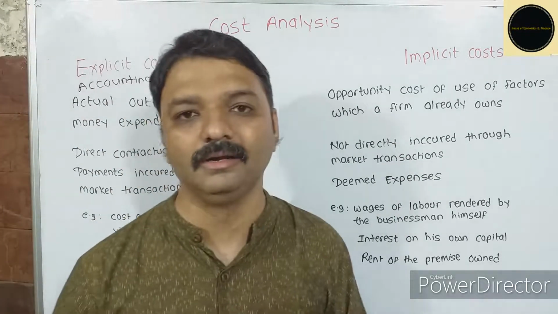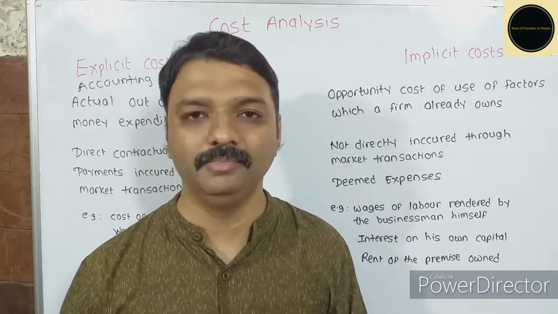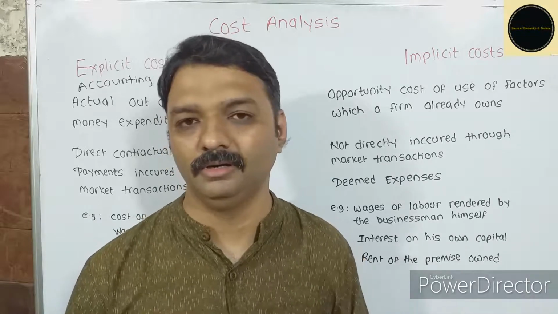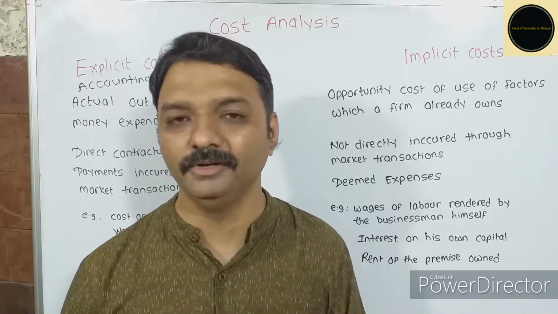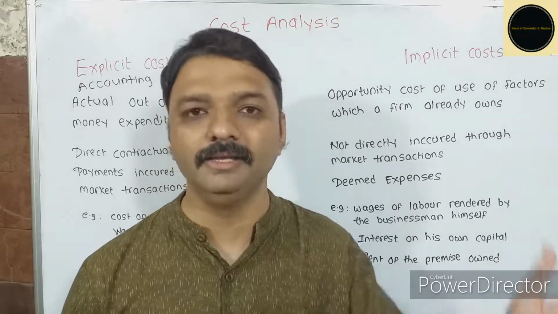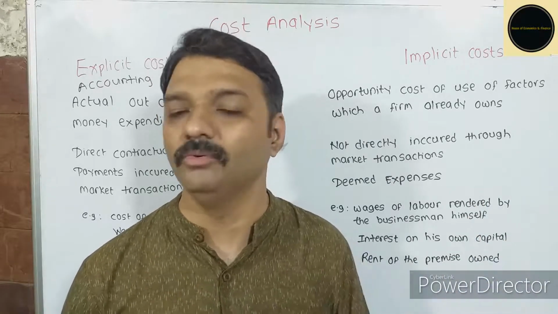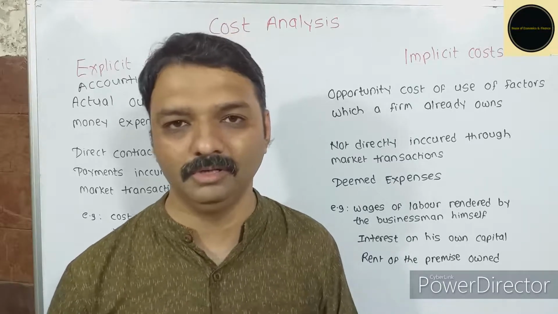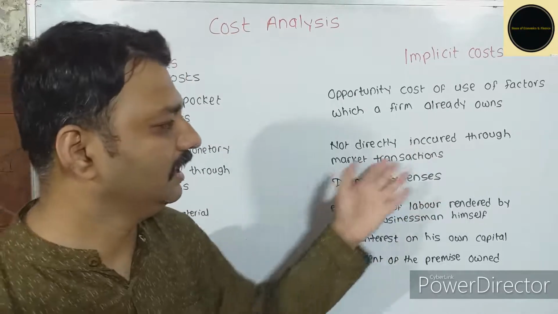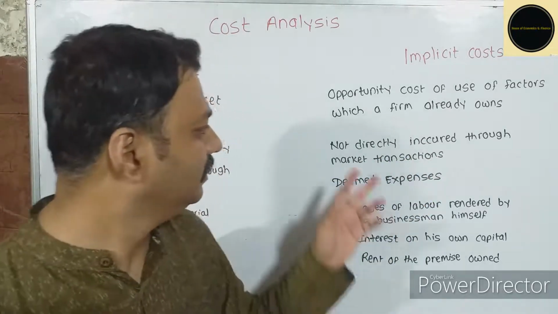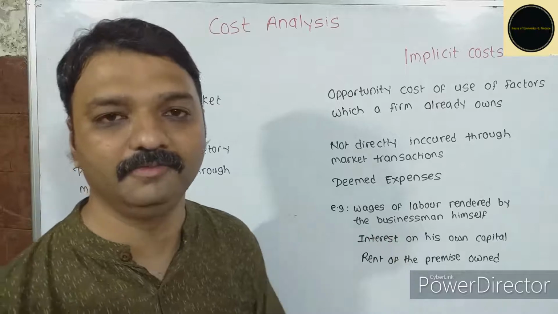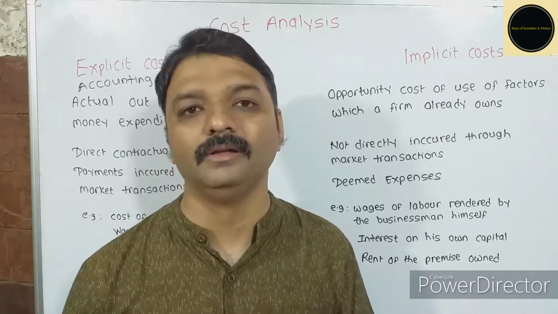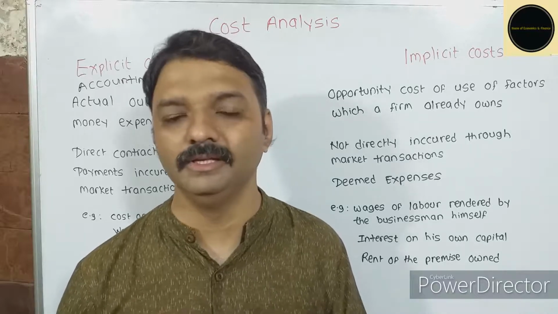For example, if an entrepreneur pays rent for a factory which he doesn't own, the rent is decided in the marketplace. But if he owns the factory himself, he doesn't pay the rent to himself. So there is no payment in the market as such, no direct payment incurred through market transactions. So these are called implicit costs. These are basically the money costs.